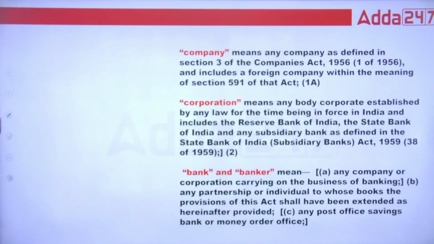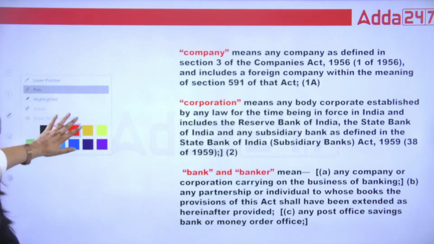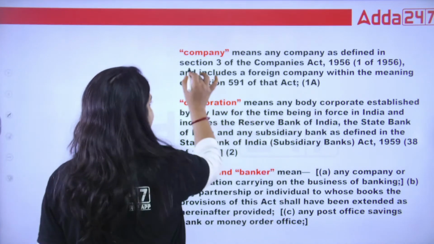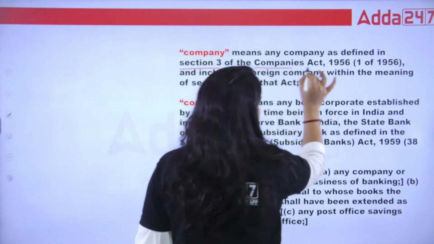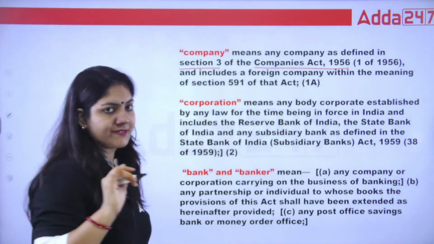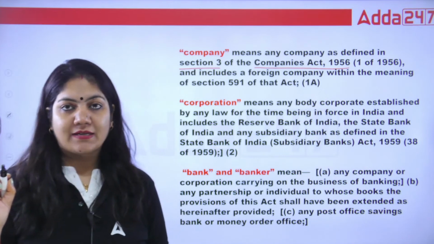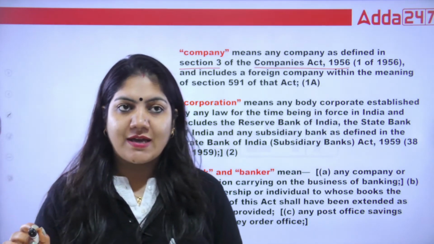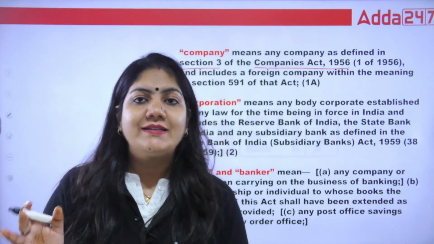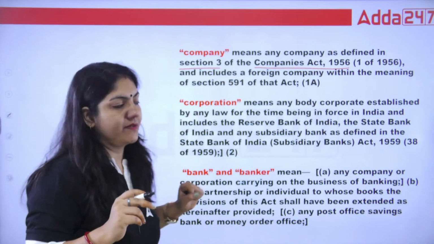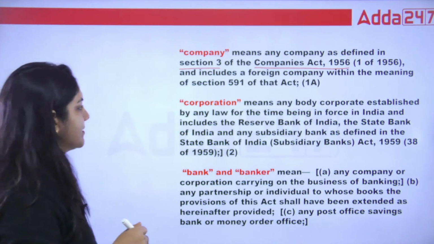Now let's do the definitions. What is company? That we have done in Section 3 of the Company Act 1956. 1956 is the oldest Act of the company. After that, in 2013, the latest Company Act has come. So the definition of company is given here. What is corporation?